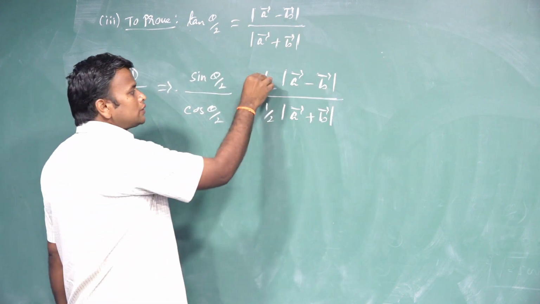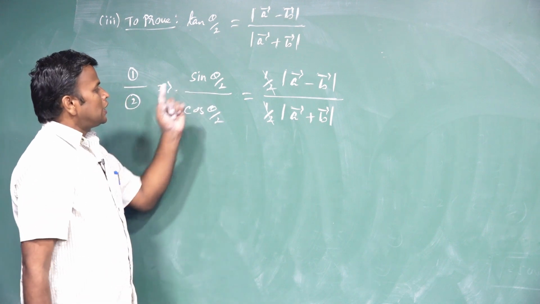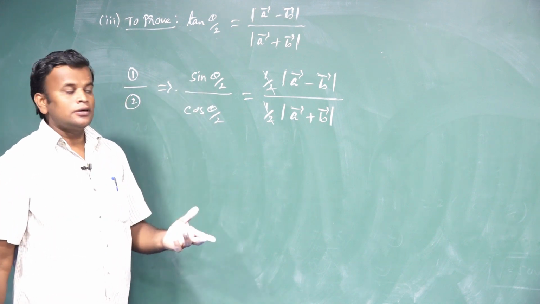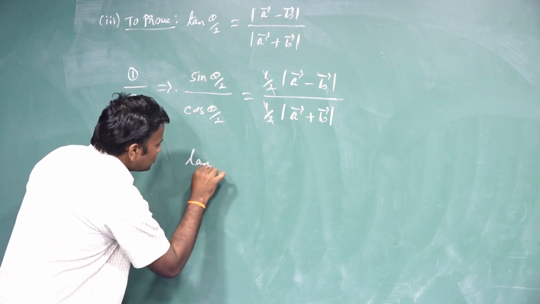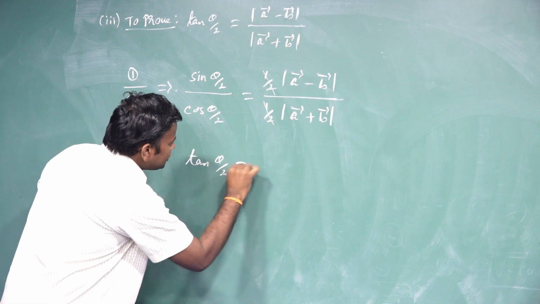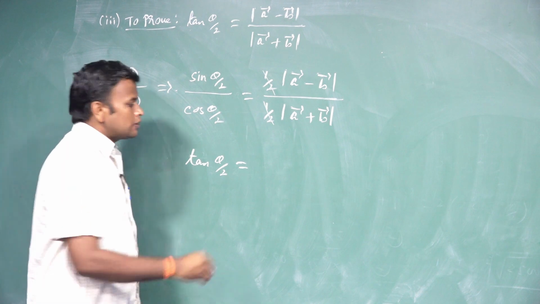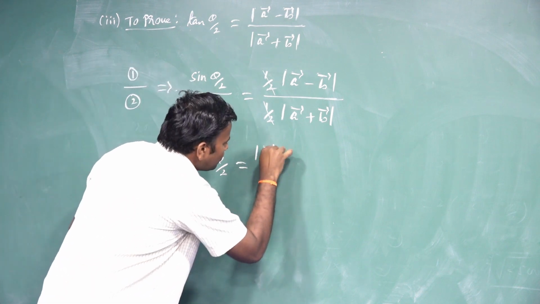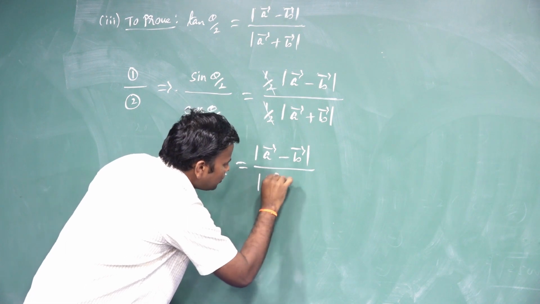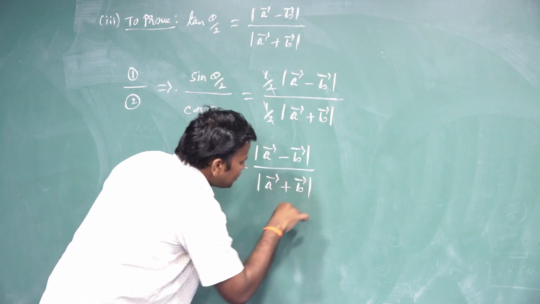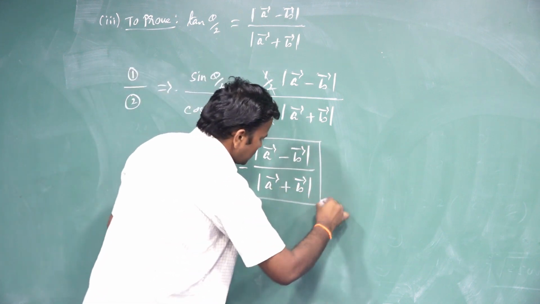I already told you this 1 by 2 is cancelled. Sin theta by cos theta is tan theta, so sin theta by 2 by cos theta by 2 is tan theta by 2, equal to modulus of A vector minus B vector divided by modulus of A vector plus B vector. It is the third one.